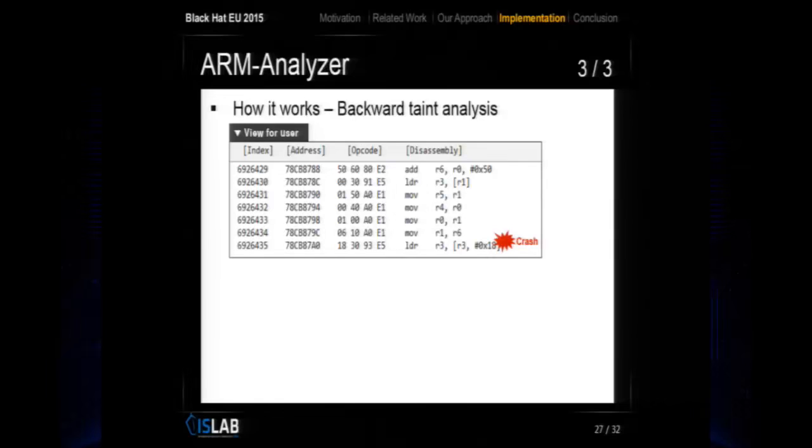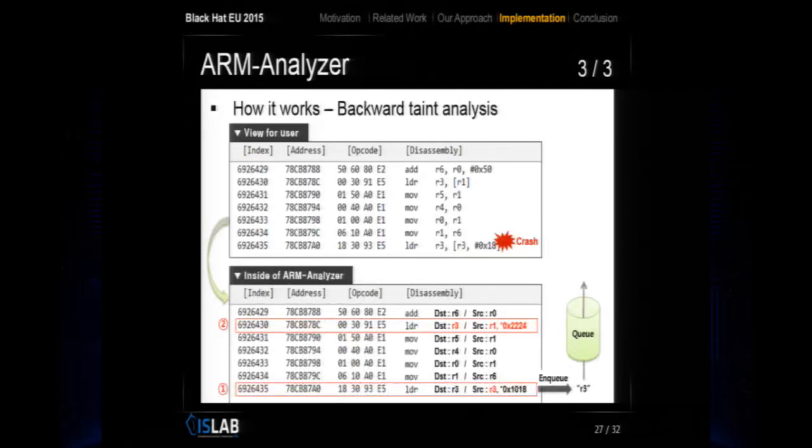This is a view for the user. Assume that the last instruction is the crash point. When a user chooses the R3 register of source to see if it comes from the input data, it works like this inside of ARM Analyzer.